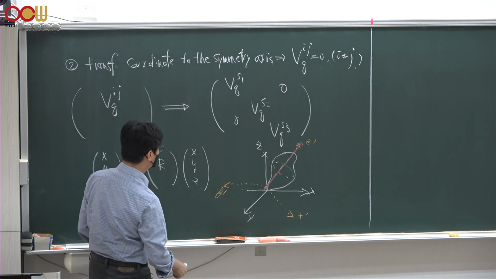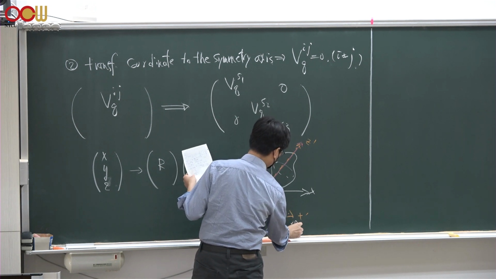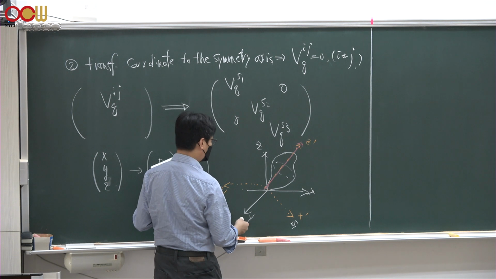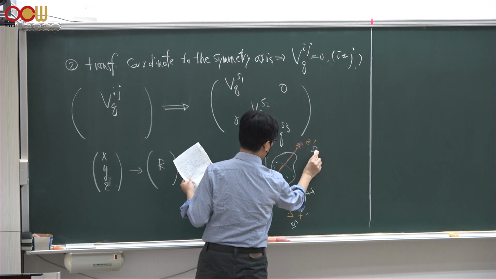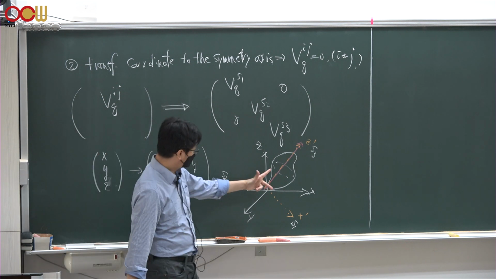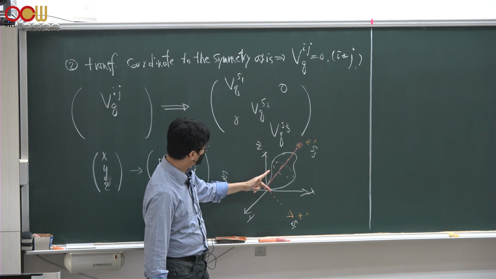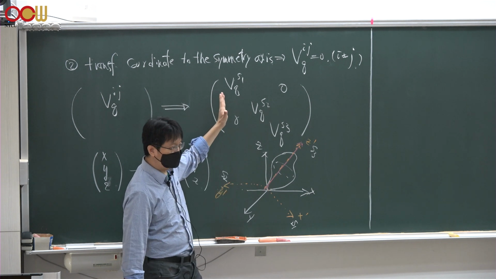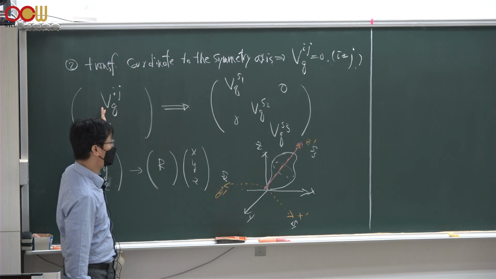But then at the end of the day, you will transform your xyz to the new basis called S1, S2, and S3. Okay, so along these three new coordinates, S1, S2, and S3, in this new basis, this V_q,ij matrix element is diagonalized.